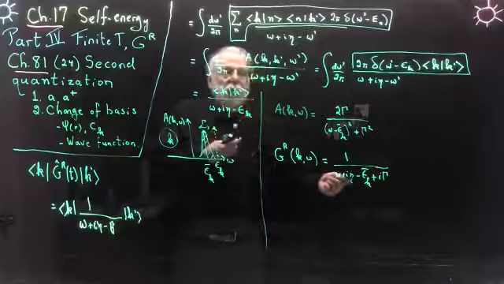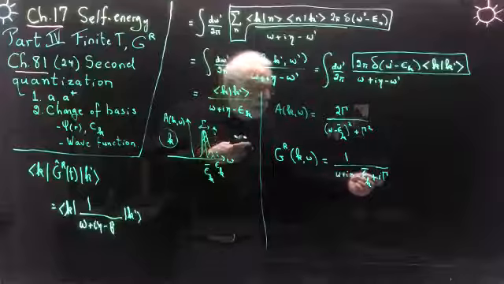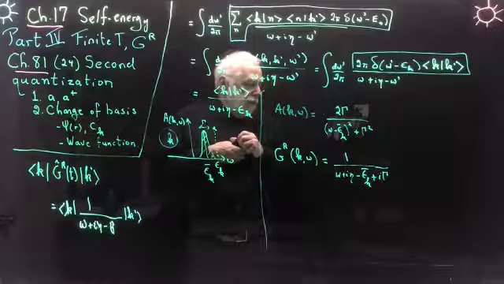Oops, I'm missing the epsilon k. So the I eta is not useful anymore, but we have the I gamma.